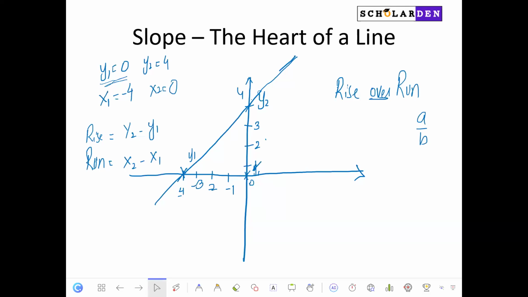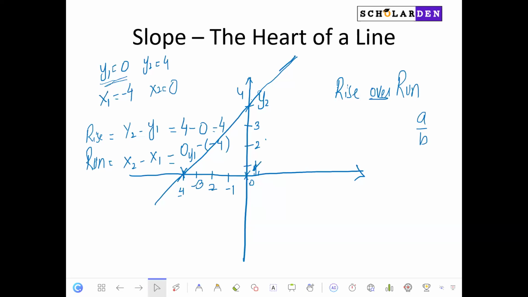Let's calculate the rise and run for this particular case. What is the rise? The rise was y2 minus y1. y2 is 4, and y1 is 0. So your rise is 4. Cool. And what is your run? x2 is 0, because x2 corresponds to y2. And what is x1? x1 is -4.